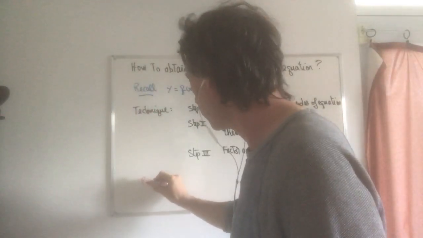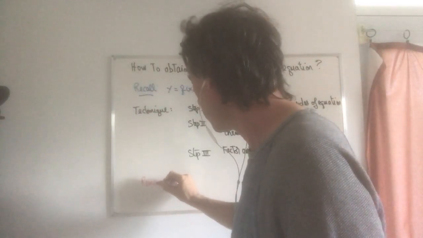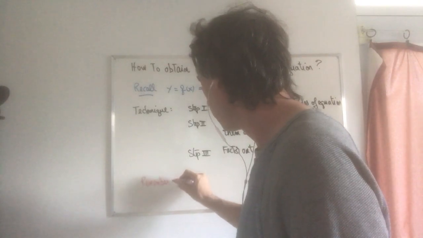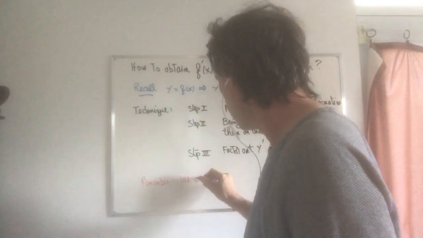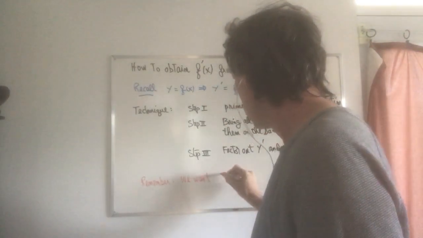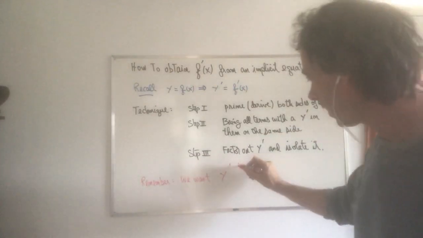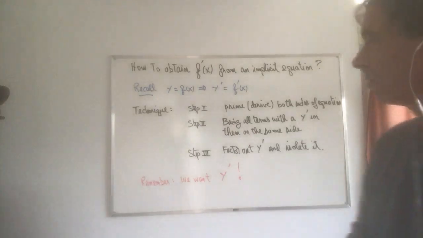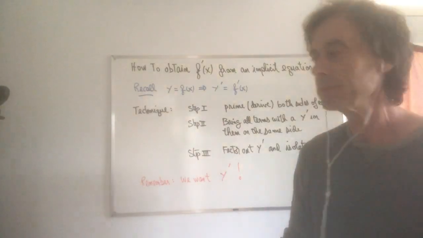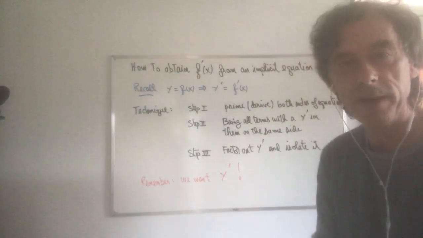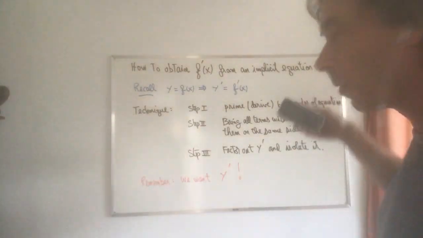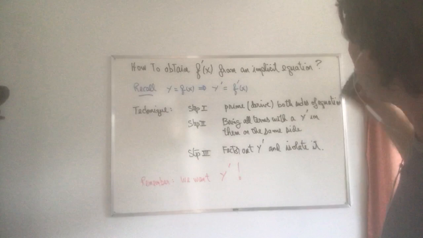Remember what this problem is about. Remember, we want y prime. In the end, we will actually require to know what y prime is. Good. Let's see if we can apply this technique on an example. Why don't we pick what we had before? So let me get rid of this.